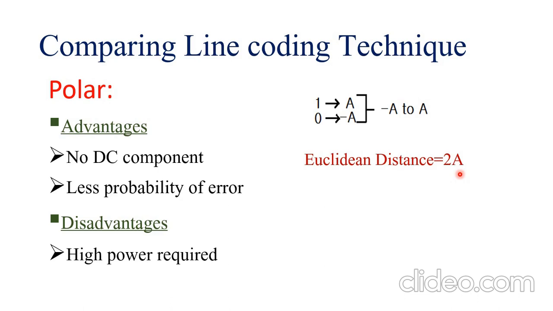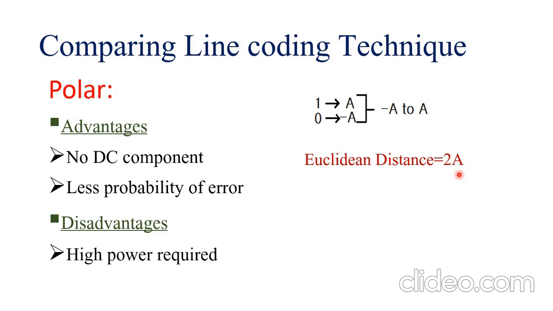As the Euclidean distance is 2A, for this polar case, you will find there is less probability of error, because the Euclidean distance is 2A, and that's why there is less probability of error in the polar system.